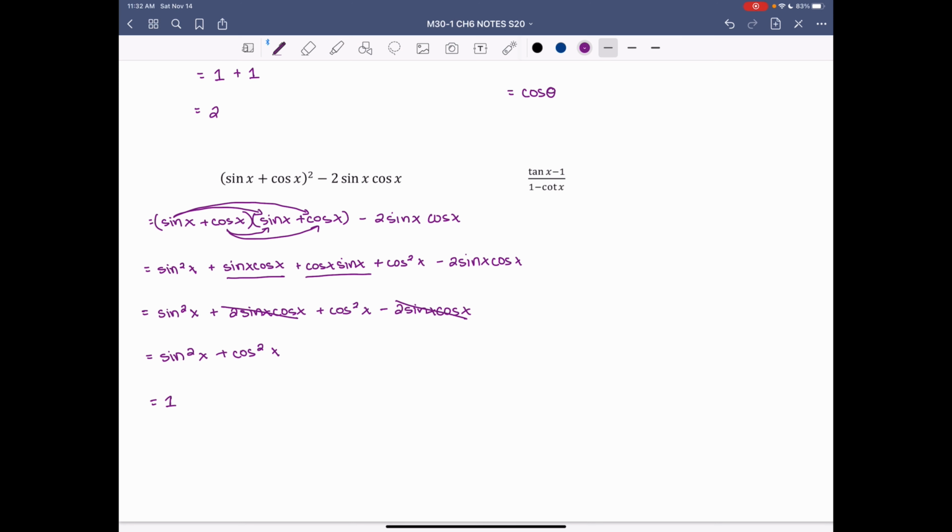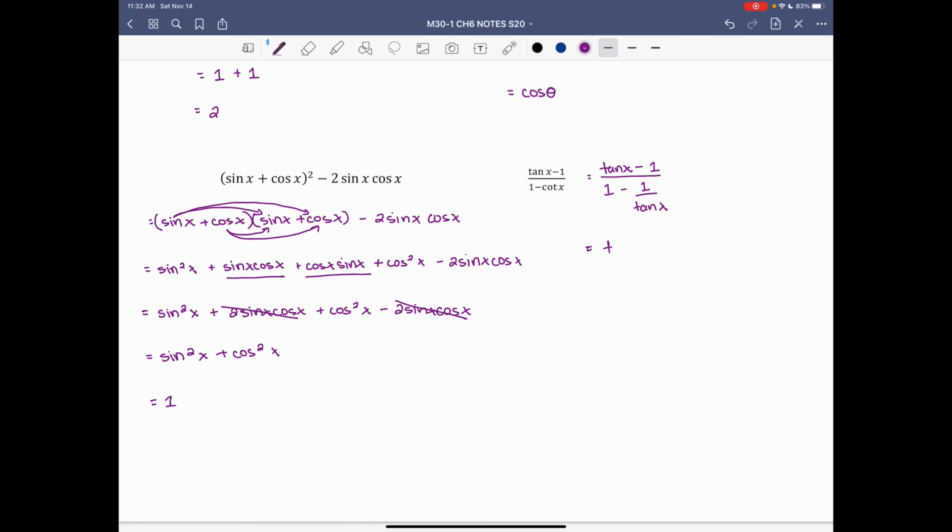Tan x minus 1 over 1 minus cotan x. Remember that tan x and cotan x are reciprocal trig functions, so I can write tan x minus 1 over 1 minus 1 over tan x.